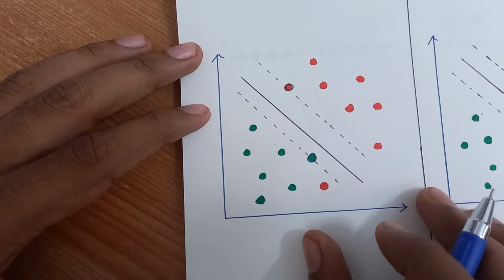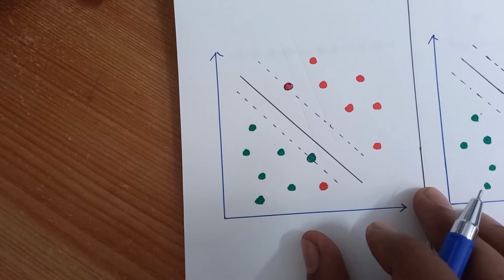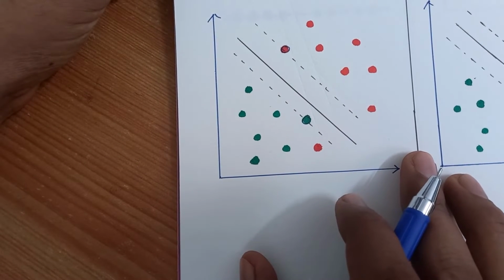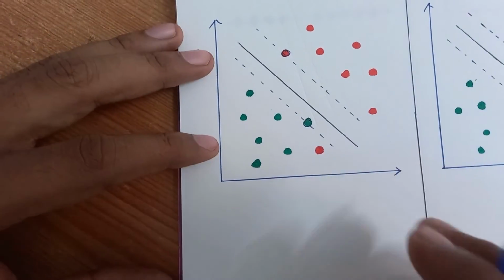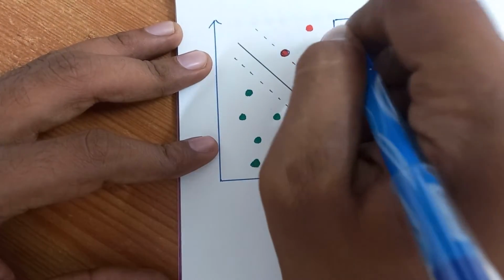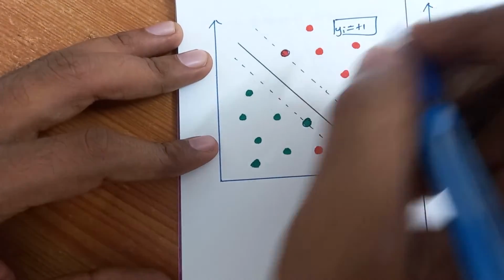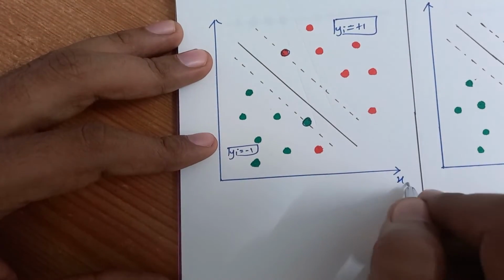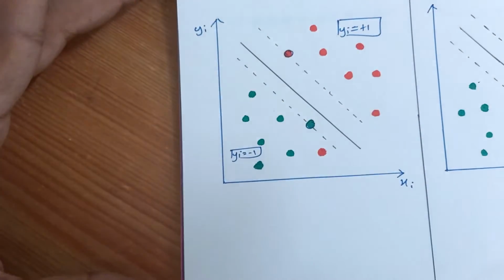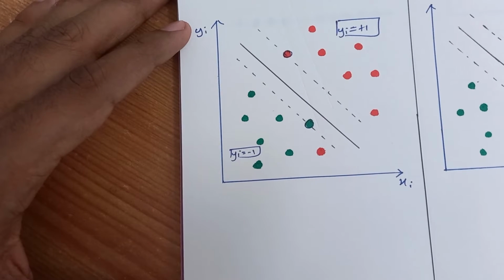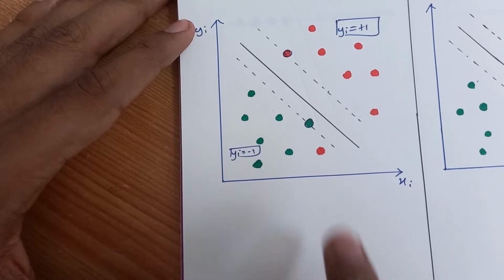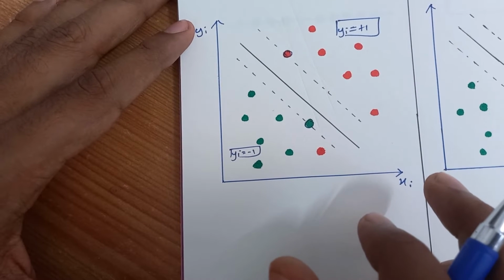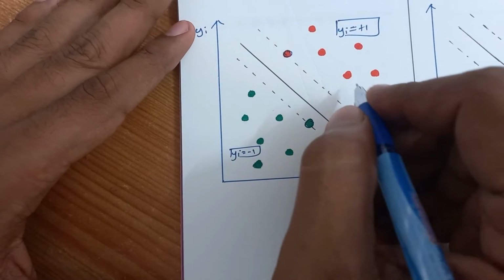Now coming to the condition, what SVM says, what we have noted before, let me justify it. As you all know, this side of yi is positive, of course, this side of yi is negative class, xi yi, like that. And as I mentioned, the distance can get calculated using formula w dot xi plus b.